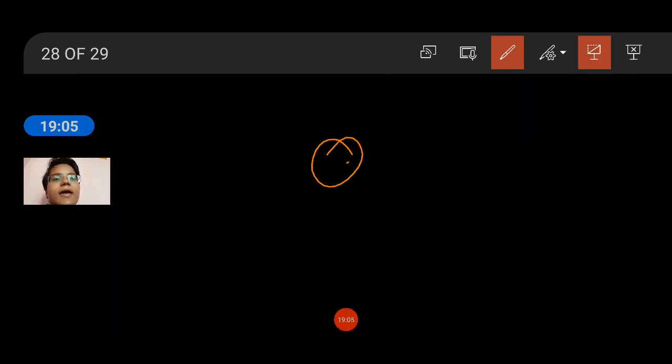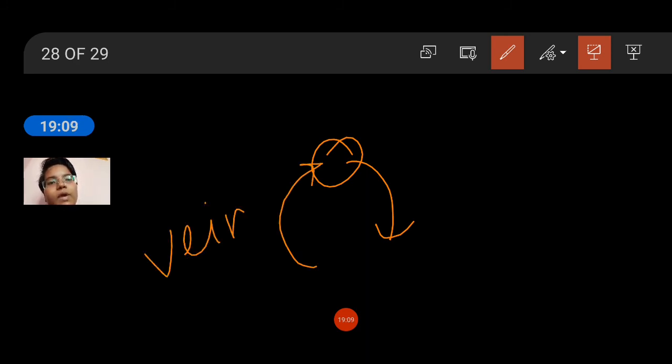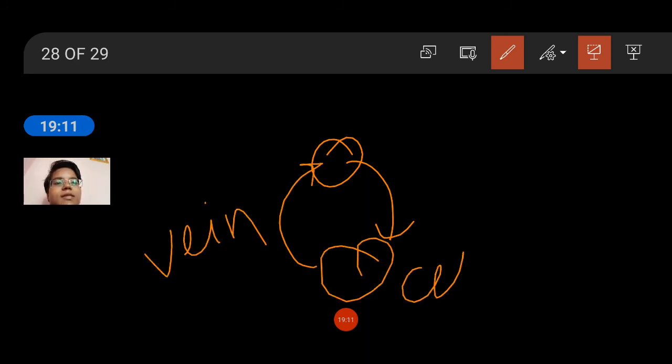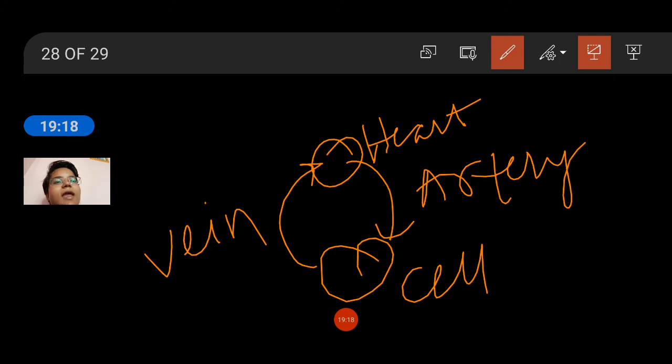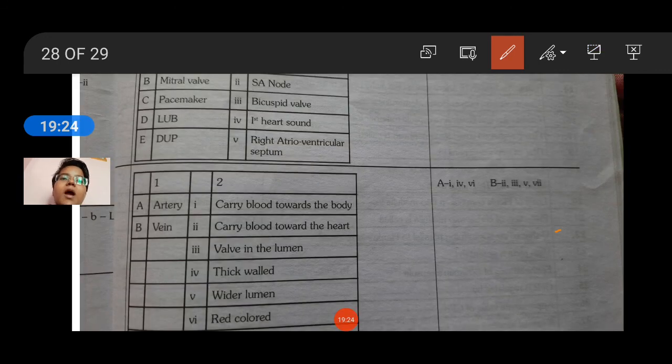This is the heart, this is the cell. Artery leads blood away from the heart and veins lead blood towards the heart. Arteries carry blood towards the body, are thick walled and red colored.